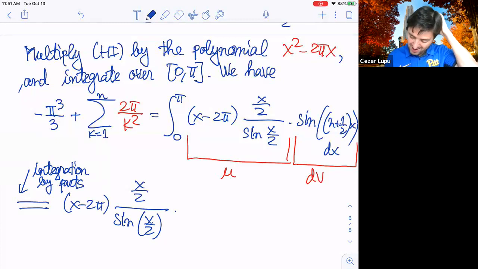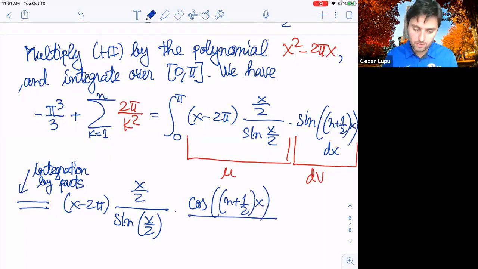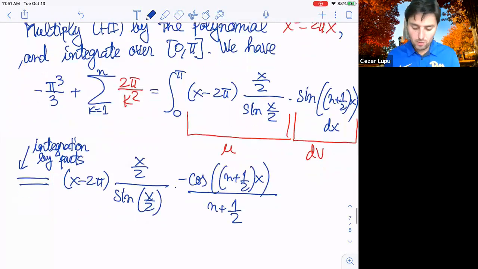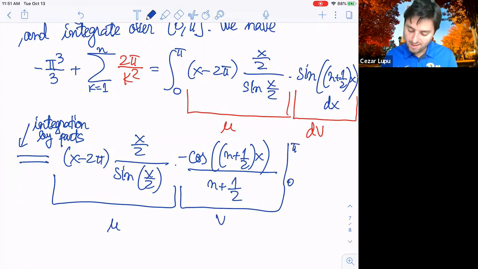times v, which you can imagine what function. What do we have? It's cosine of (n plus 1/2) x over (n plus 1/2). It's negative here, sorry. So that's u and v, from 0 to pi, let's not forget that.